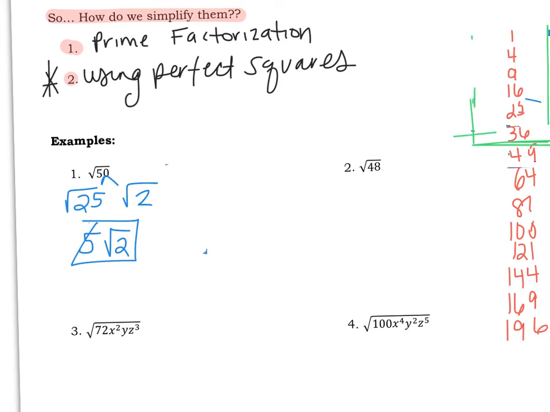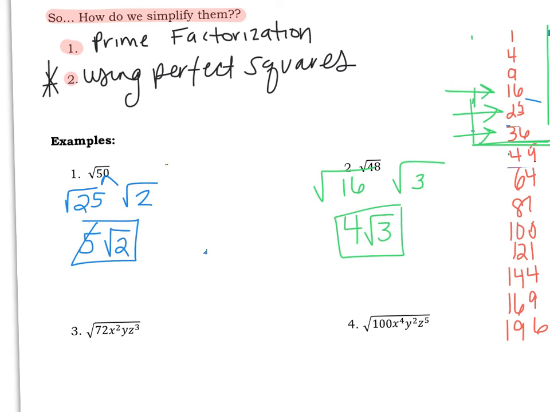I always start from the biggest number and work my way up because you're looking for the biggest perfect square. So can 36 go into 48? No. Can 25 go into 48? No. Can 16 go into 48? Yes, 3 times. Bingo, done. 16 and 3, square root, square root. What's the square root of 16? 4. What's the square root of 3? Square root of 3.